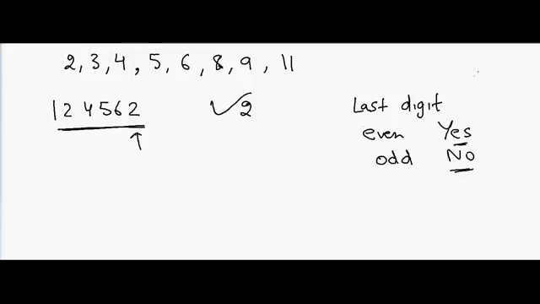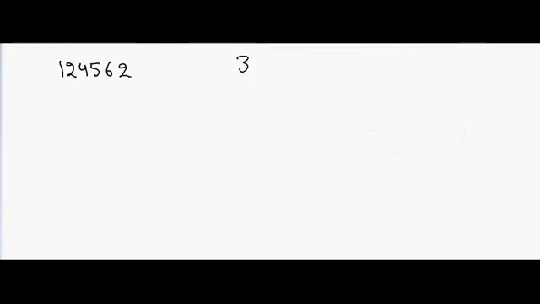Now let's talk about division by 3. If I have 1, 2, 4, 5, 6, 2 again, and I'm looking at whether it's divisible by 3 or not, in that case I'll add all these digits together. So 1 plus 2 plus 4 plus 5 plus 6 plus 2. That gives me 3 plus 4 is 7, 7 plus 11 is 18, plus 2 is 20.